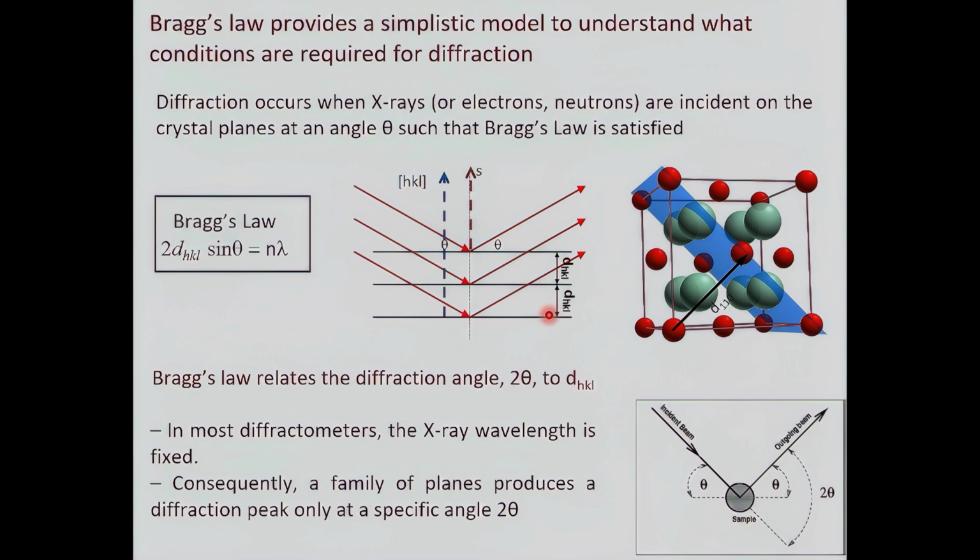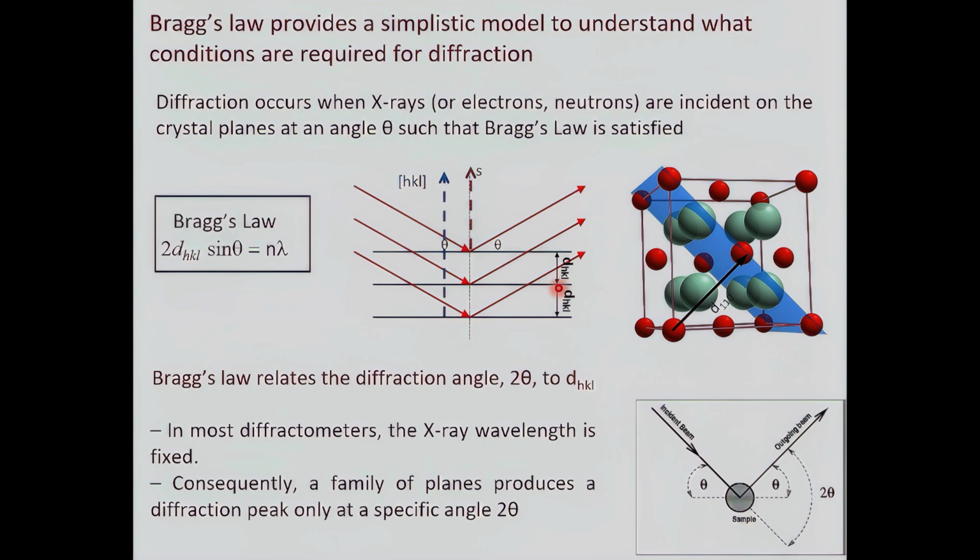This is the d_HKL I spoke about before. In this case, the incoming beam arrives at, we suppose, a theta angle, and it is diffracted at the same theta angle.